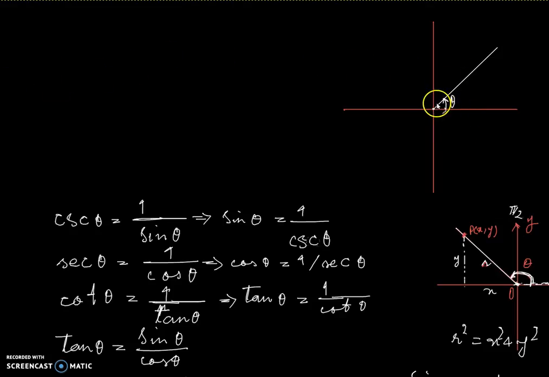Now minus theta would be the same angle going in the opposite direction, namely in the clockwise direction. So if I went in this direction, I would get the same angle, but this time this is minus theta.